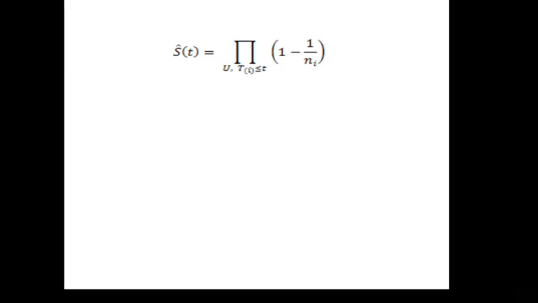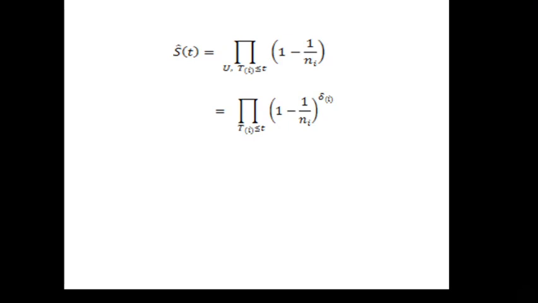All those Ti values you should go beyond, and therefore it will be simply the product of 1 minus 1 upon Ni, and this product is taken over all uncensored observations Ti which are less than or equal to T. This can be rewritten as 1 minus 1 upon Ni raised to delta bracketed I. So instead of focusing only on the set of uncensored observations, we have now considered all observations in general, and therefore the U symbol below the product sign has vanished, and as a penalty we have considered delta bracketed I as the power of 1 minus 1 upon Ni.